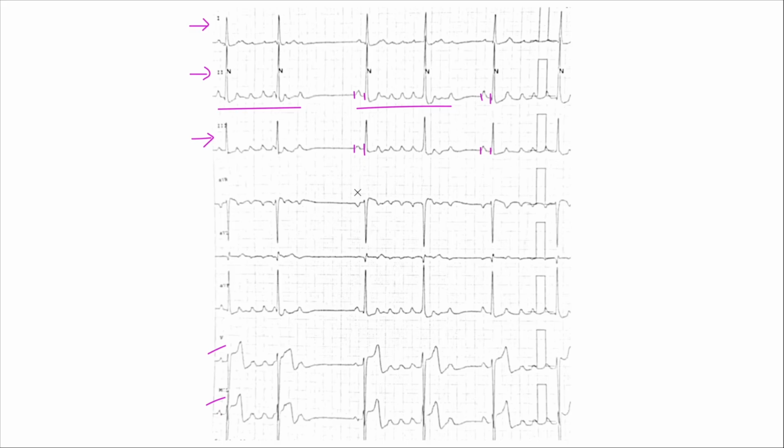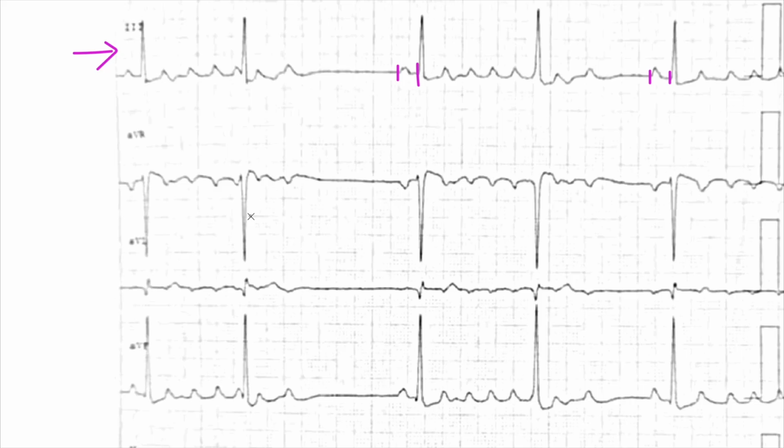the PR interval is the same every time we get this to depolarize. That's one thing. Another thing that's interesting here: see here the flutter waves are just kind of kicking in, and here we're getting the typical sawtooth pattern with ventricular depolarization.